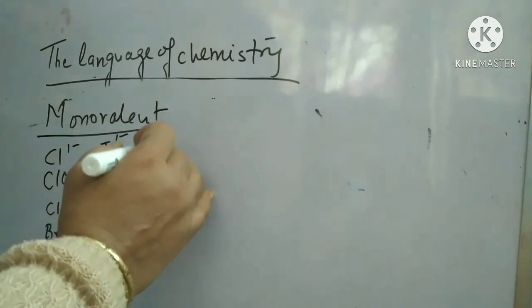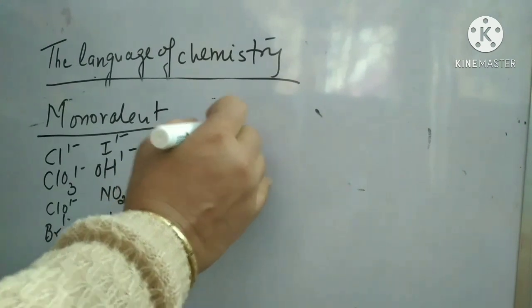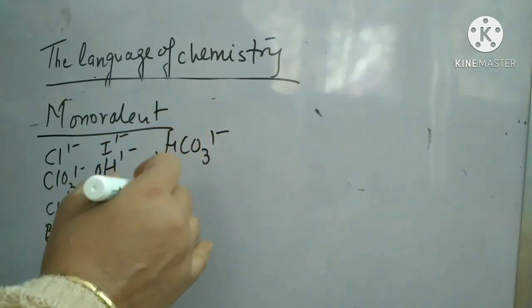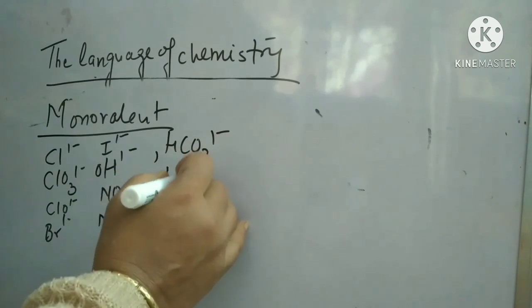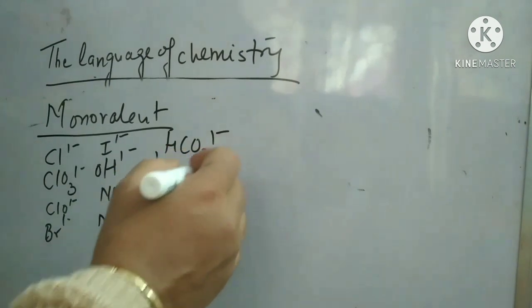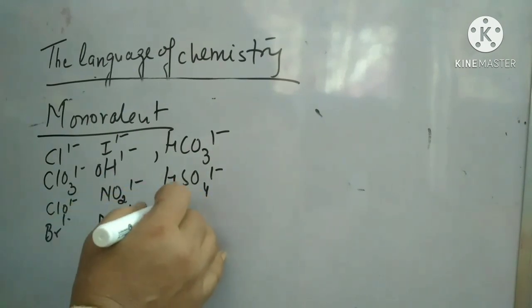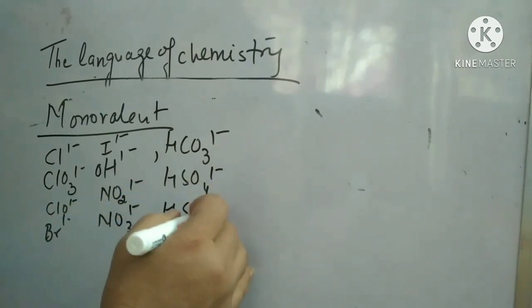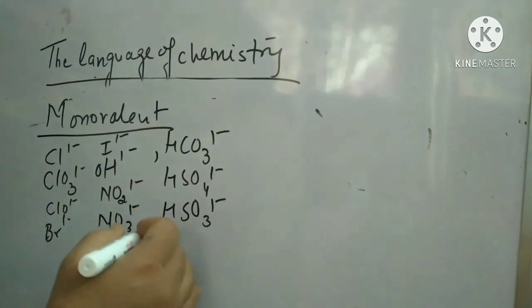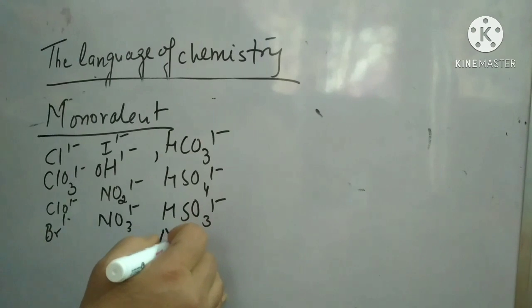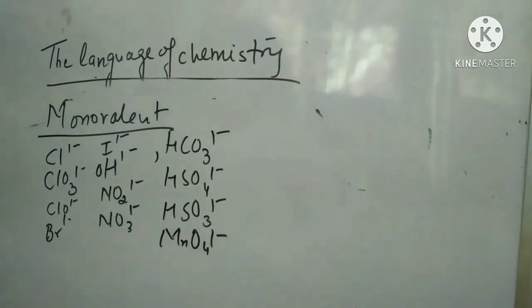hydrogen bicarbonate HCO3 1 minus, hydrogen bisulfate HSO4 1 minus, hydrogen bisulfite HSO3 1 minus, and permanganate, that is MnO4 1 minus.